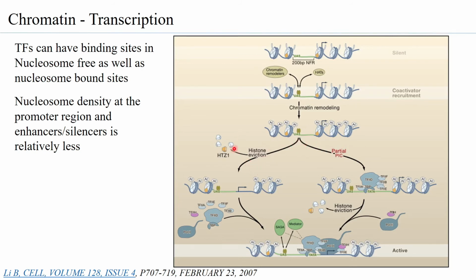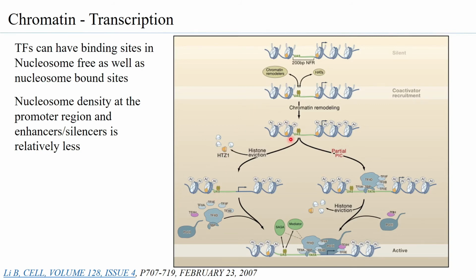Say histones are evicted, especially if the nucleosomes around the promoter regions already contain histone variants. In those conditions, the variant is more easily evicted out, and therefore what is going to happen?